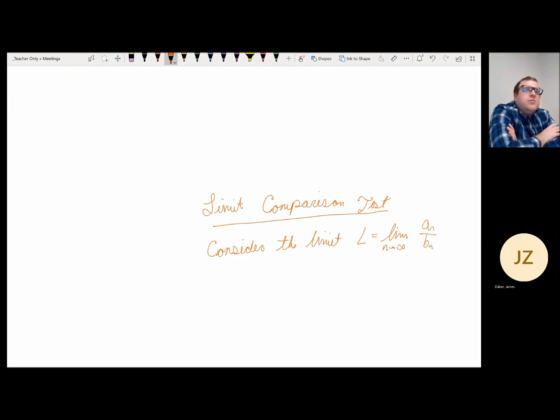Consider this limit: the limit as n approaches infinity of a sub n over b sub n. Both a sub n and b sub n will be greater than 0. Again, this test only works for positive series.